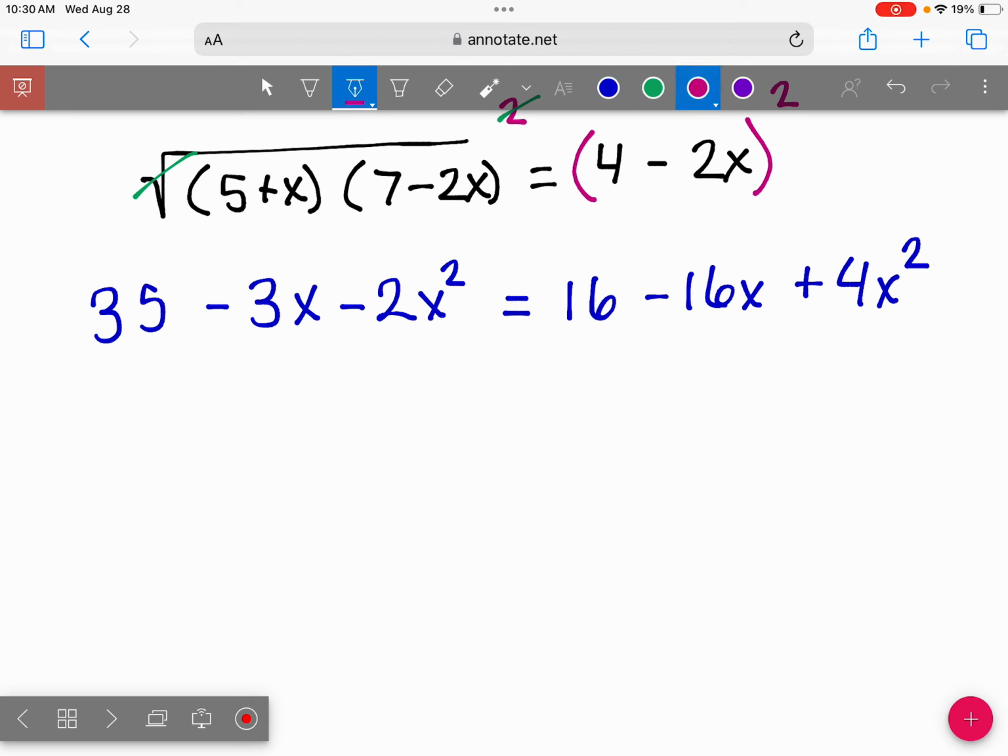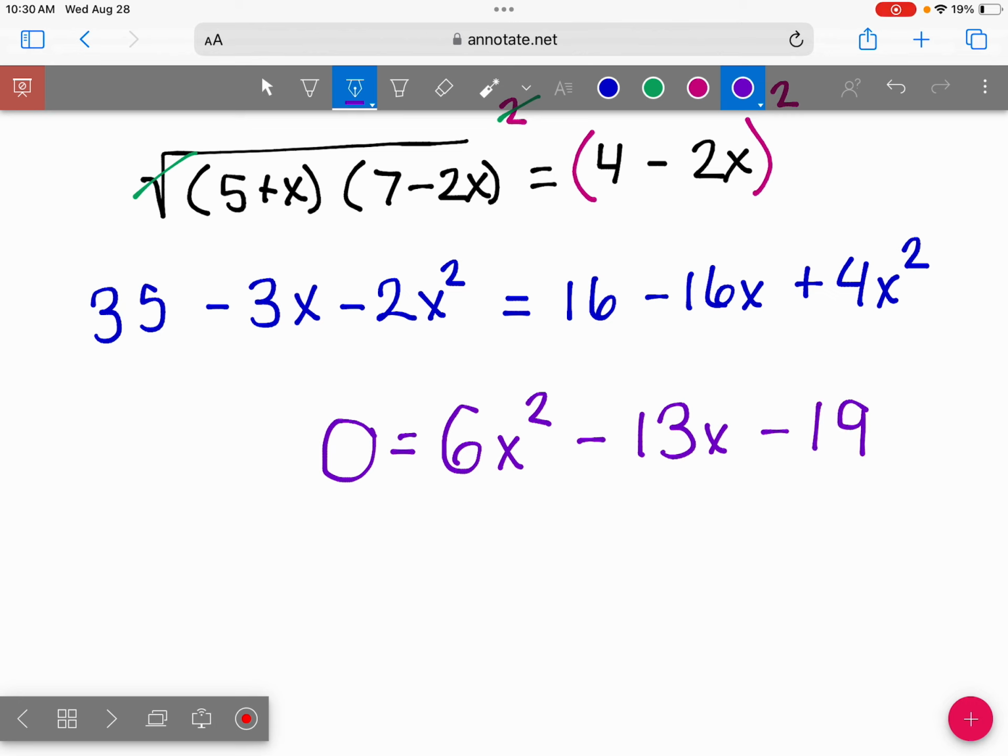So I'm going to add my 2x squared, I'm going to add my 3x, and subtract my 35. So we have 0 equals our 6x squared. I'm going to put this back into the proper order now. Minus 13x minus 19.